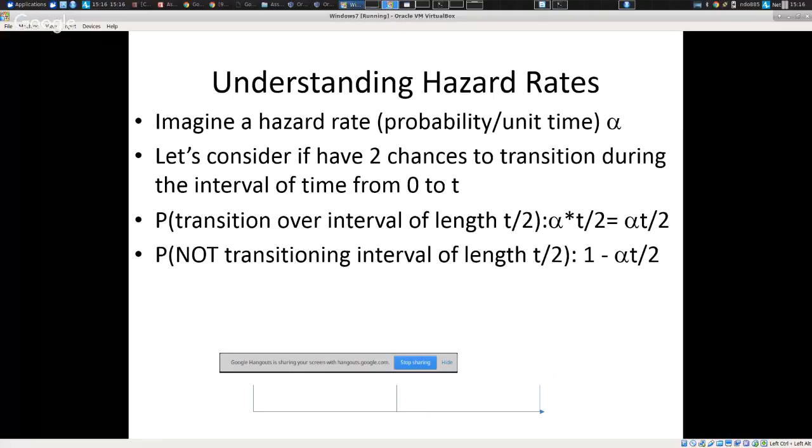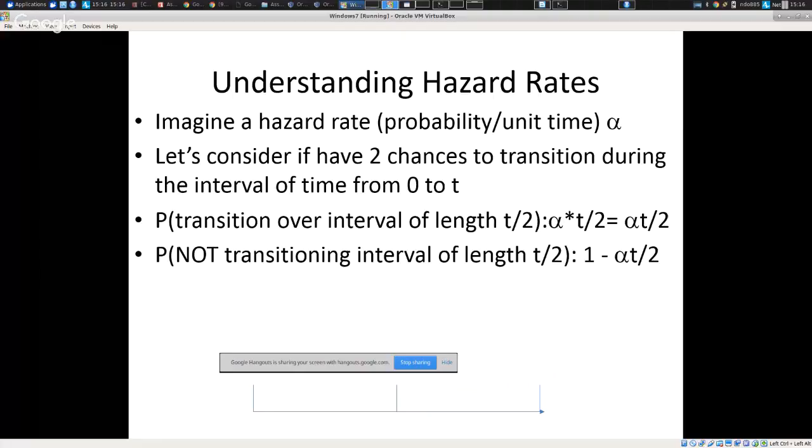If you have a rate of flow into a bathtub of 10 liters per minute, and you want to know how much water has come in recently, you say, okay, over the past 5 minutes, how much water has come in? It's 10 liters a minute times 5 minutes, or 50 liters have come in. Right? So we have the units of the hazard rate being probability per unit time.